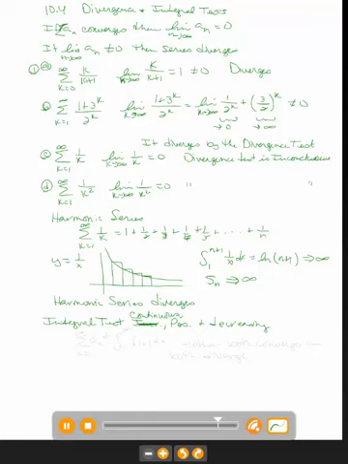Then we can look at the summation. So we have a function f that's continuous, positive, and decreasing. So if we are summing up k equals 1 to infinity, and we look at the function that has the same equation as a sub k, they either both converge or they both diverge.